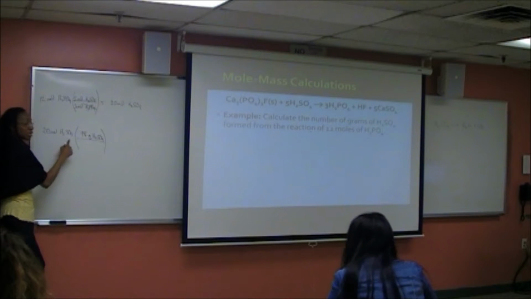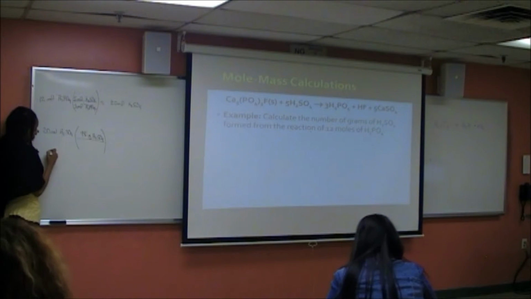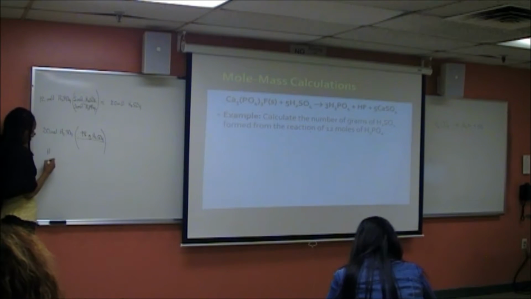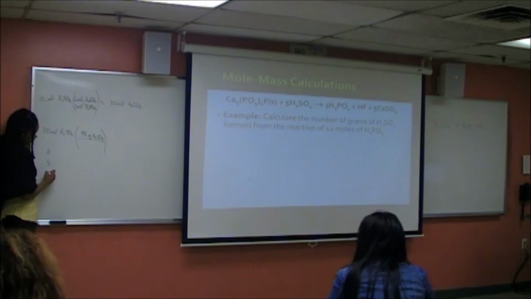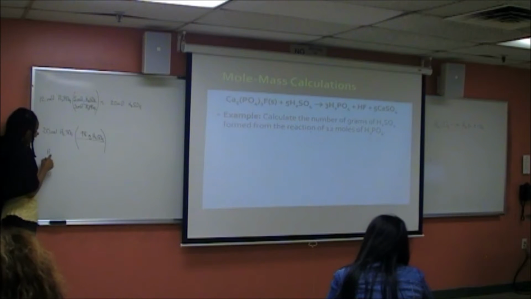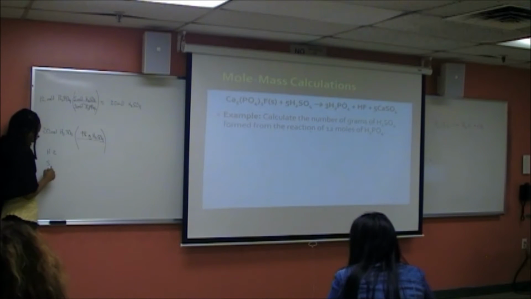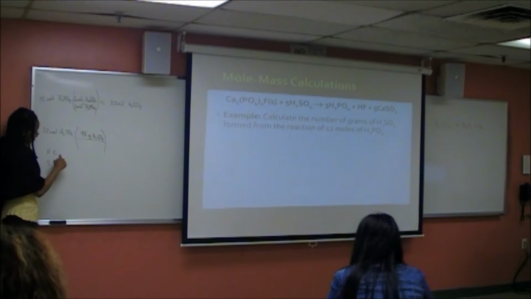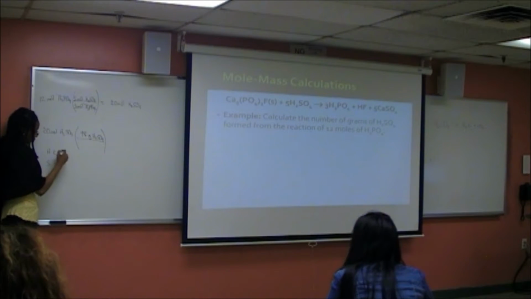So what are my atoms involved here? Hydrogen, sulfur, oxygen. What's the molar mass here? How many do you have here? 2 hydrogens, 1 sulfur, 4 oxygens. How much molar mass? 2 times 1.